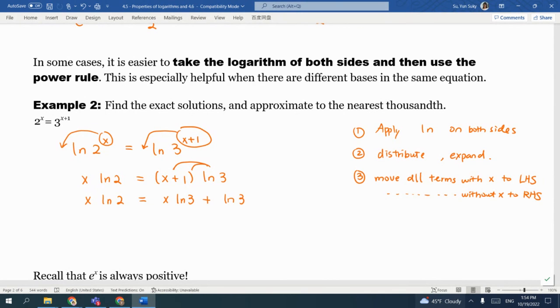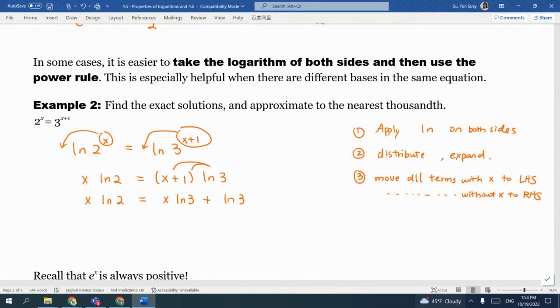What is a term? A term is separated by plus or minus. Does this term have x in it? Yes, so leave it on the left-hand side. Does this term have x in it? Yes, so we need to move it to the left. Does this term have x in it?